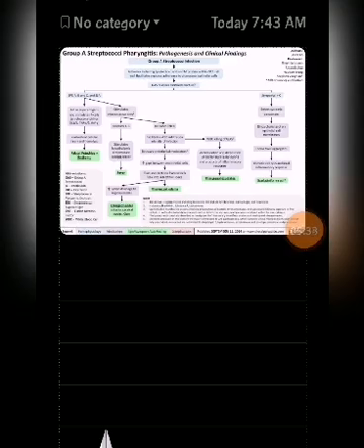Now you can see some of the pathogenesis, how Streptococcus pyogenes causes acute pharyngitis.